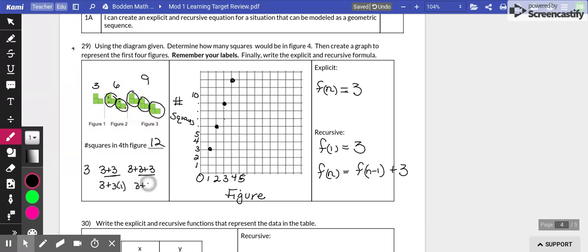I have 3 plus 3 times 2. I have 3 plus 3 times 0. So I am starting with 3, and every time I'm repeatedly adding 3. And the question is, how many times? Well, what I notice is the amount of times I add 3 is 1 less than the figure that I'm in. So this is going to become n minus 1.